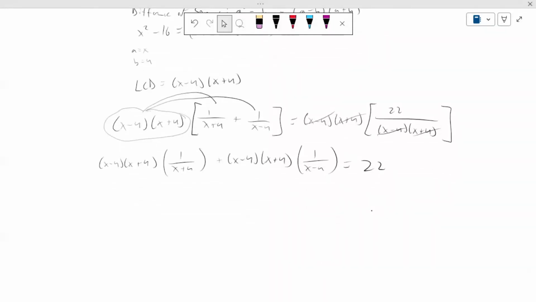Now cancellation ensues. x plus 4 cancels with x plus 4, and x minus 4 cancels with x minus 4. So I have 1 times x minus 4, which is x minus 4, and 1 times x plus 4, which is x plus 4. I'll put it in parentheses, although I don't really need to, just so you can see what came from where.